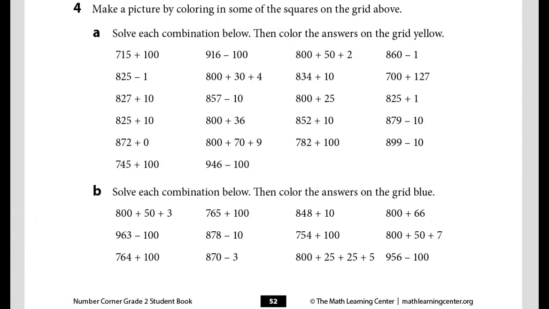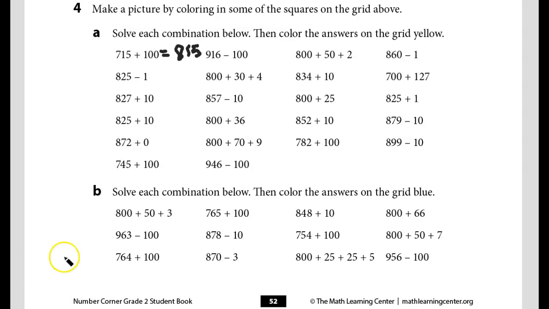Solve all the problems first. For the first one, it says 715 plus 100. Well, I know that that equals 815. I would go through and solve the rest of these equations in this column and the next 3 columns.